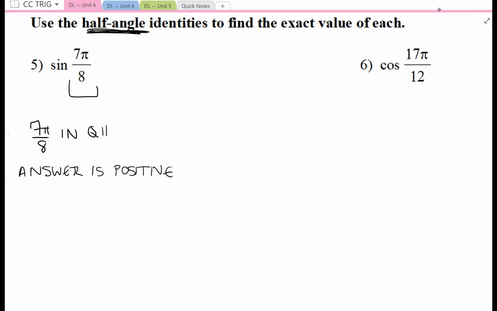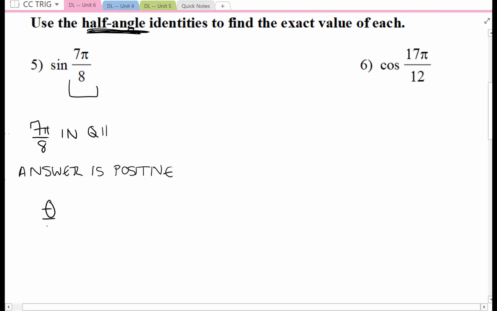When they ask you to use half-angle identities, they're taking an angle from the unit circle that you do know the values to, and they're giving you half of that. So you need to know what is the angle that was cut in half in order to use this formula.